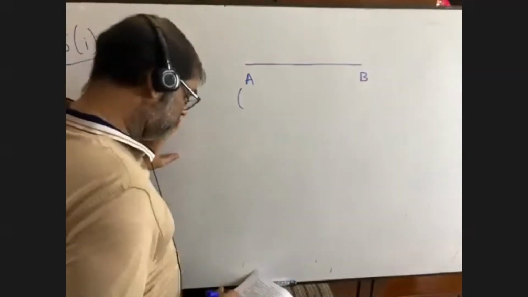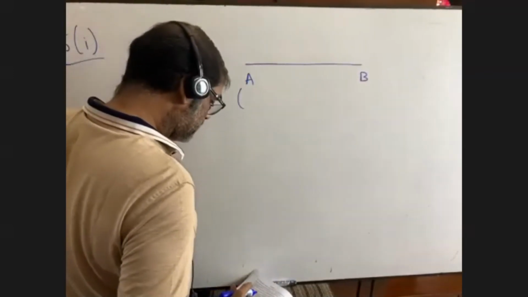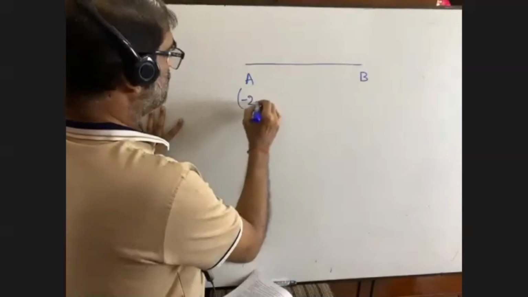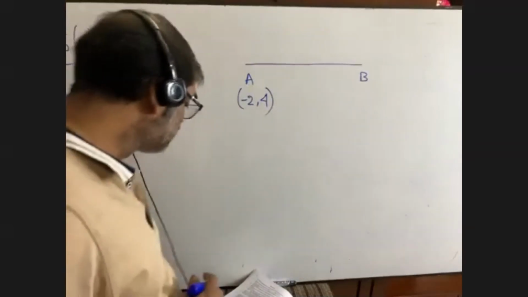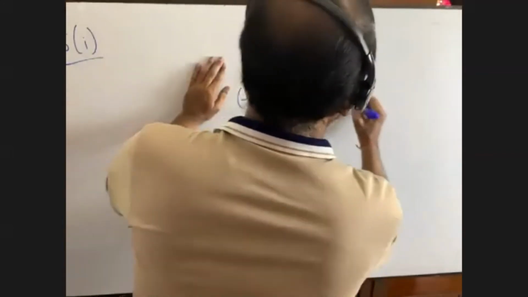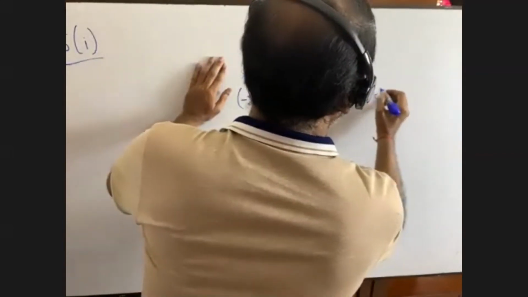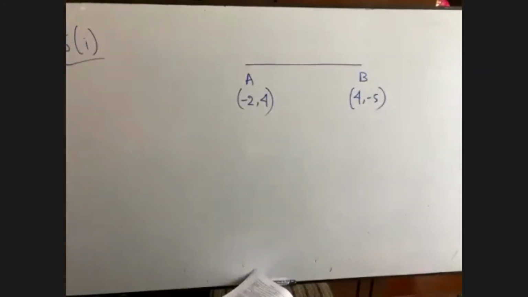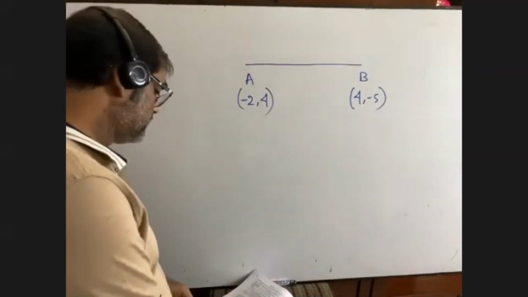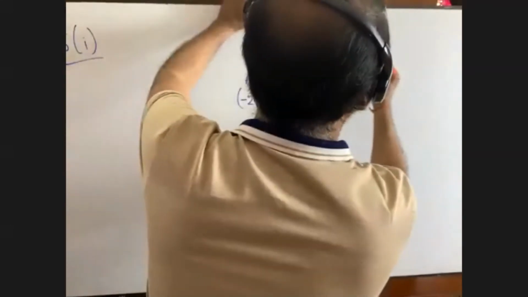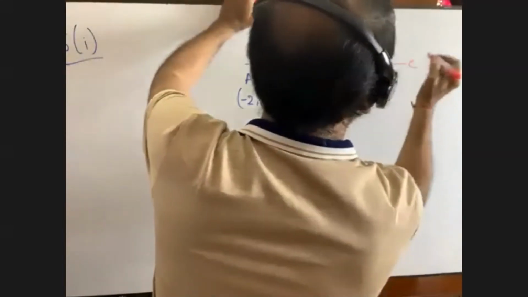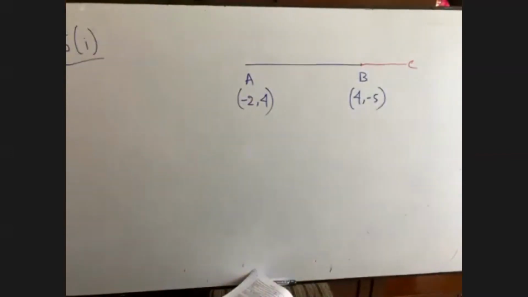A is given as minus 2, 4, and B is also given as 4, minus 5. It is told in the question that AB is produced. You produce AB up to C.